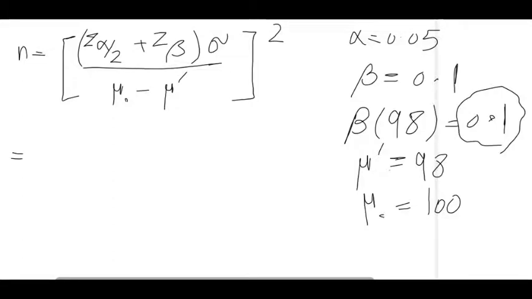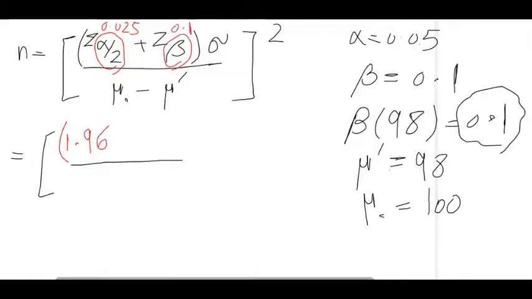So n is equal to, alpha divided by 2 is 0.025 and Z for 0.025 is 1.96. Beta is 0.01 and Z for 0.01 is 1.28.